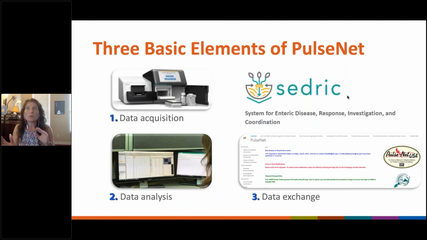It pulls in data from the PulseNet national databases into the system on an hourly basis. What this allows for is direct communication with our epidemiologists without them having to have the BioNumerics system. And then another way of exchanging data is through the PulseNet SharePoint site. That's just where we post comments about ongoing investigations, as well as troubleshooting and SOPs.